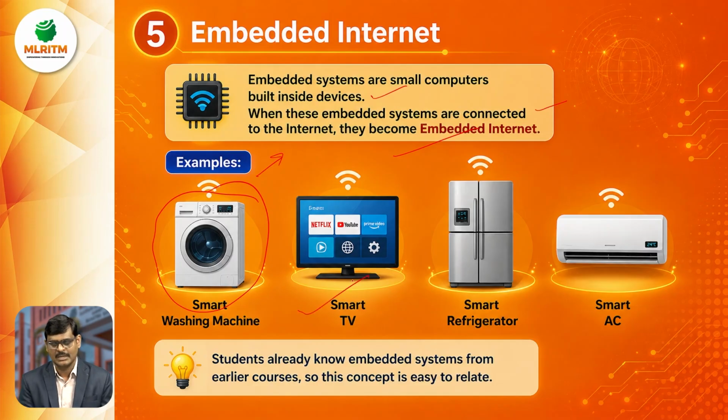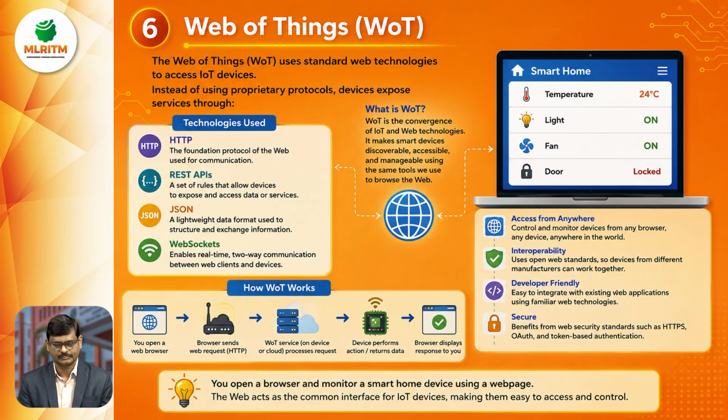Similarly, smart ACs and smart TVs, which we use in our day-to-day lives now. A smart TV can be connected to Wi-Fi, where you can change your channels or set everything from your mobile phone, which is connected to the cloud, and the cloud to your smart TV. Similarly, the smart AC.